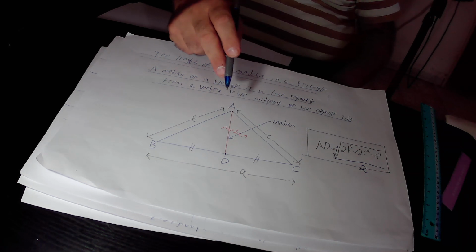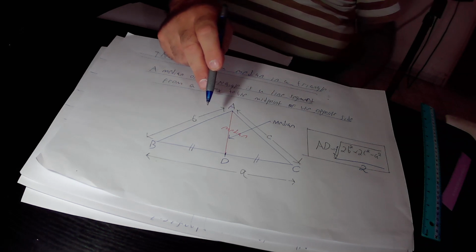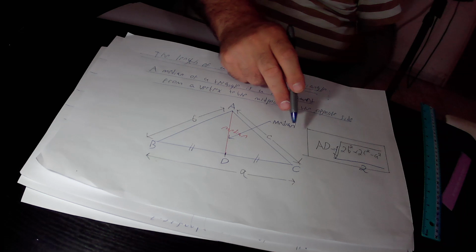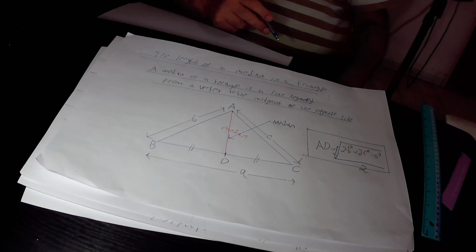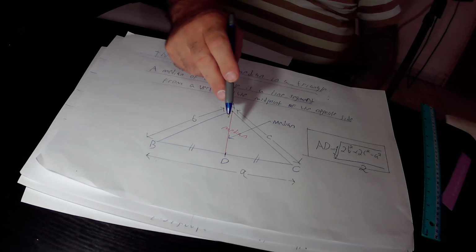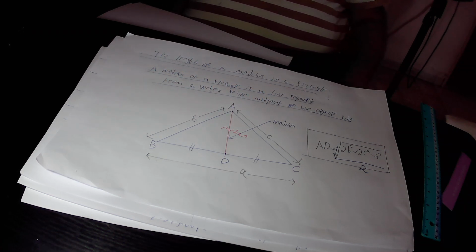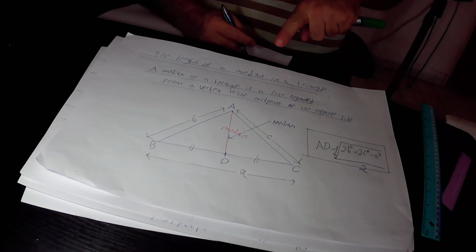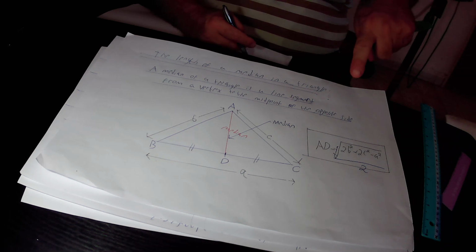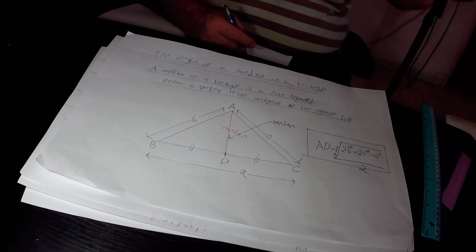At point D, side BC has been bisected into two halves. Each half equals BC over 2. So BD equals DC equals BC over 2. So the median AD bisects the opposite side BC into two halves. But what is the length of the median AD? AD equals the square root of (2b squared plus 2c squared minus a squared) over 2.